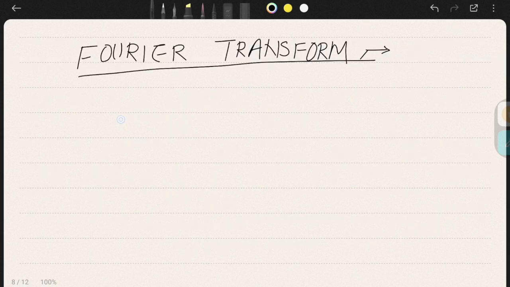Now let's see the Fourier transform. After that we'll see the Fourier sine and cosine transforms. Then the chapter will be over. See, the Fourier transform is nothing but a transformation, like the k-space we have in physics, from a space of, let's say, time, t-space.